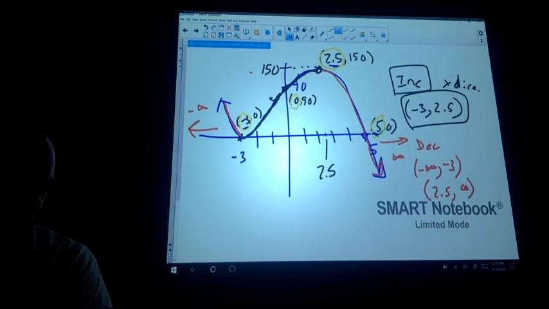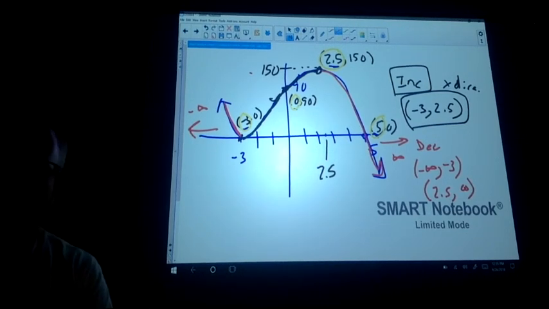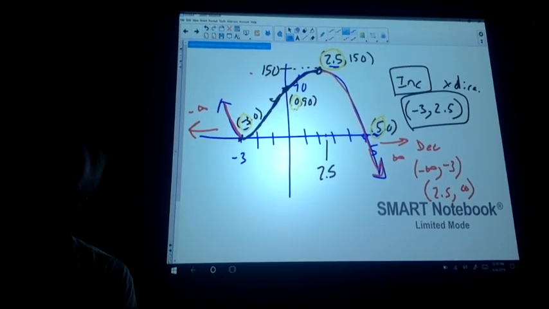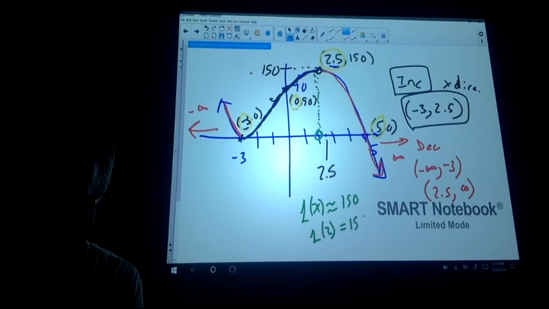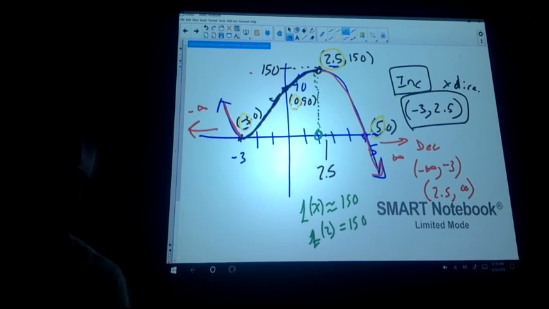All right. Then it says we want the function at 2, f at 2. So where does this appear to be? It appears to be pretty close to 150 as well. So what is the function at 2? That's what we're trying to find, it's 150. Does that make sense how I just did that?